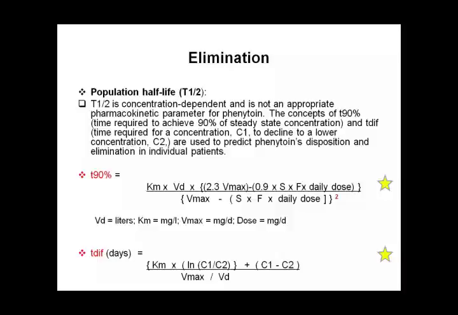Of course, this is assuming that no doses are given between the measuring of C1 and C2, which means if you have a level C1 and you just leave the patient without a dose, and you want to know when this level C1 will decline to a level of C2.